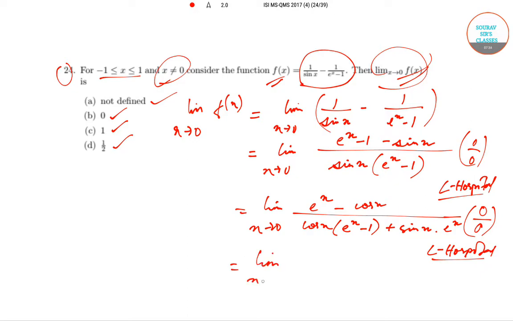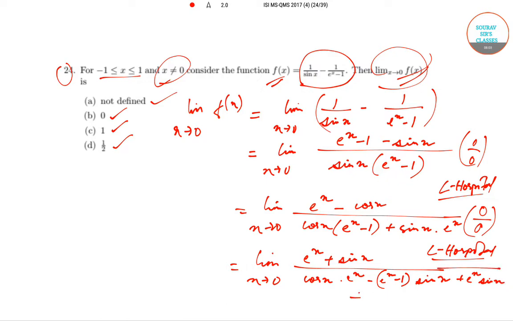Then it will come down to the limit as x tends to 0 of (e to the power x plus sin of x) upon (cos of x into e to the power x, minus e to the power x minus 1 into sin of x, plus e to the power x sin of x, plus e to the power x cos of x).